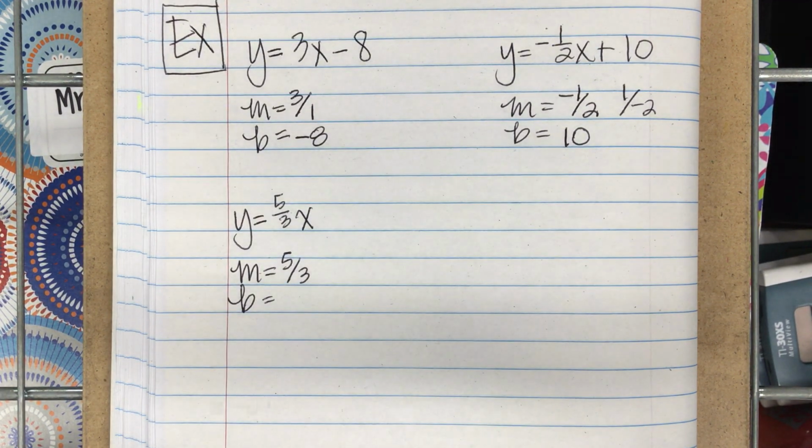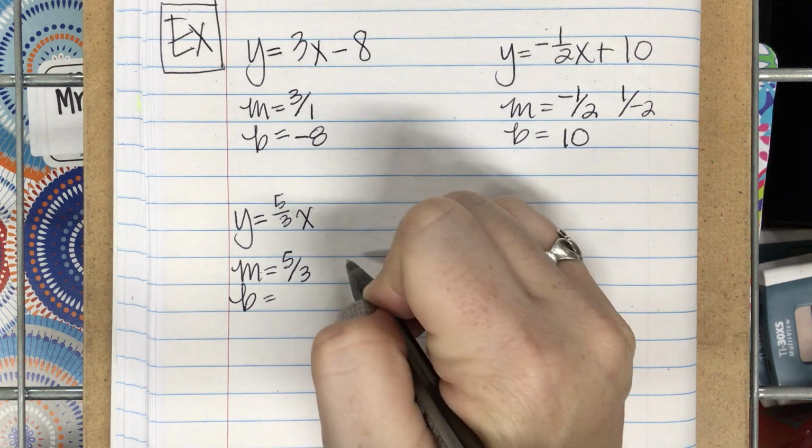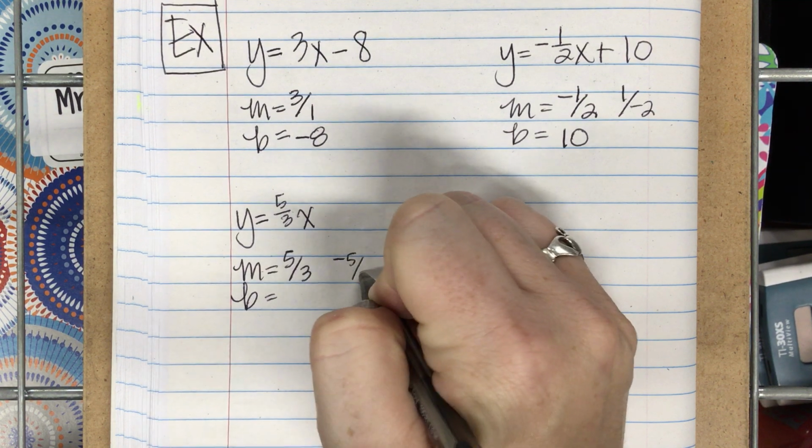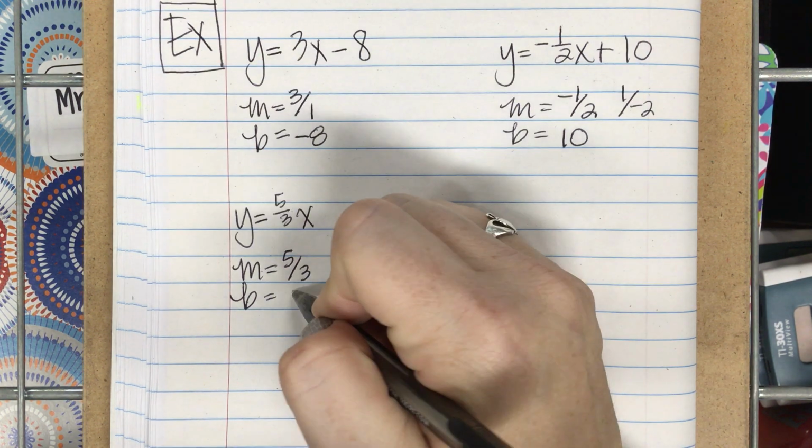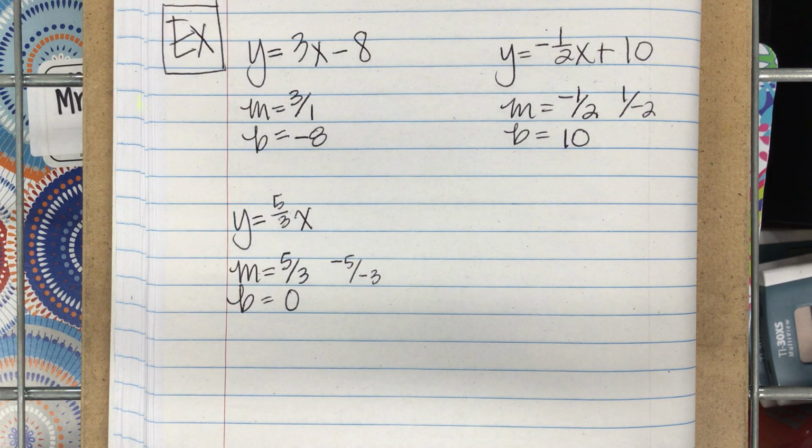Is there another way that I could write that slope? Could I write -5 over -3? Is that the same as +5 over +3? Yeah. It's just not simplified, right? What's my intercept? 0. Good.